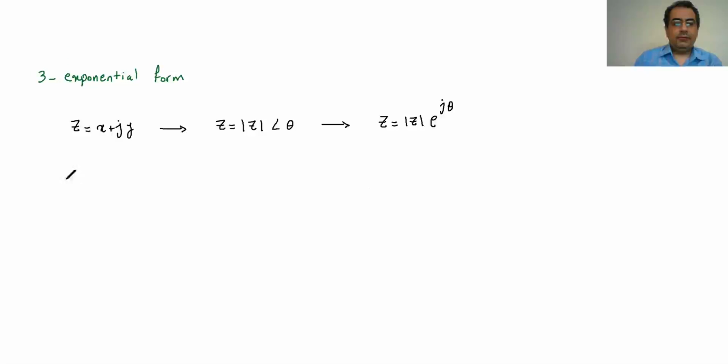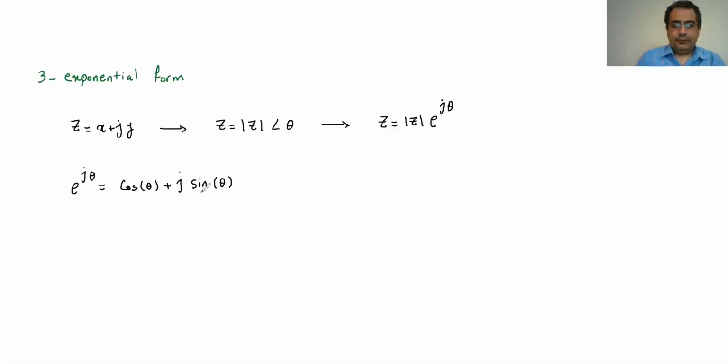We can write it. And we know that e to the power of j theta can be written as cosine theta plus j sine theta. This is what we know.